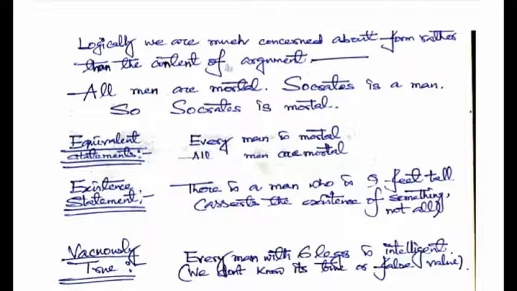That means this sentence asserts the existence of some person but is not applicable for all. And what is vacuously true? Suppose every man with 6 legs is intelligent. We don't know whether it is true or false because we don't know the existence of such a man. That's why this is vacuously true.